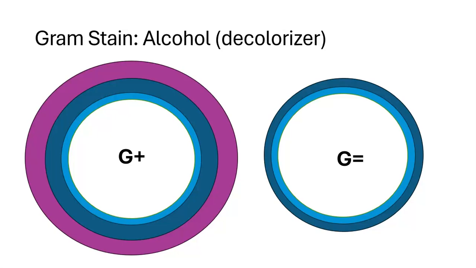Contrariwise, with the gram-negative, that alcohol affects that outer cell membrane and it will dissolve it and any stains that are attached to it. And at the end of this step, the gram-positive cells are purple and the gram-negative cells are now clear. They are unstained because all of the stain has been dissolved away.